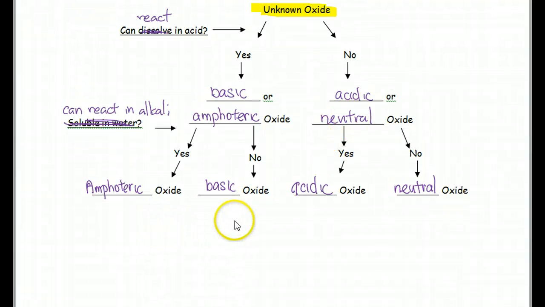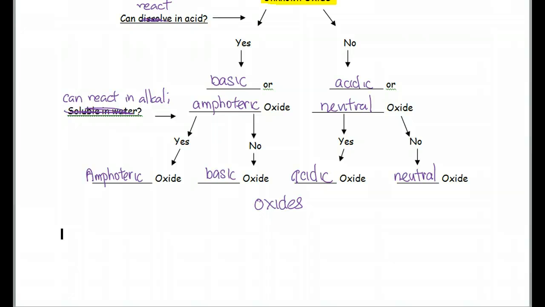Another way is this. Okay, you can try to copy this down. Let's say you have a known oxide. Now, for oxides, actually you can also classify them in a few different ways. Oxide can either be a metal oxide or it can also be a non-metal oxide.